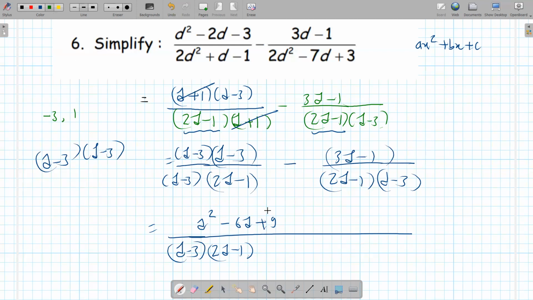Yeah, it's negative 6d. I subbed an x for d. So it'll be d squared minus 6d plus 9.